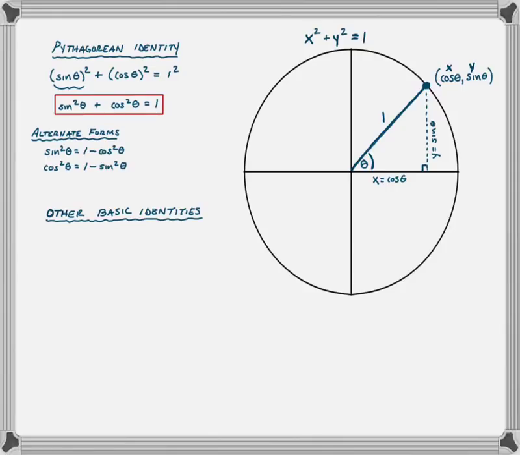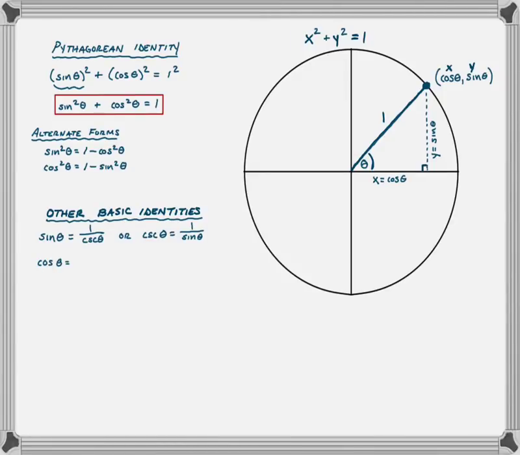Sine of theta can be thought of as 1 over cosecant of theta, or the way we wrote it yesterday, we defined cosecant of theta as the reciprocal of sine. Both of those are equivalent, and we'll be using those identities to simplify some expressions. So sine of theta is 1 over cosecant of theta, or cosecant is 1 over sine.